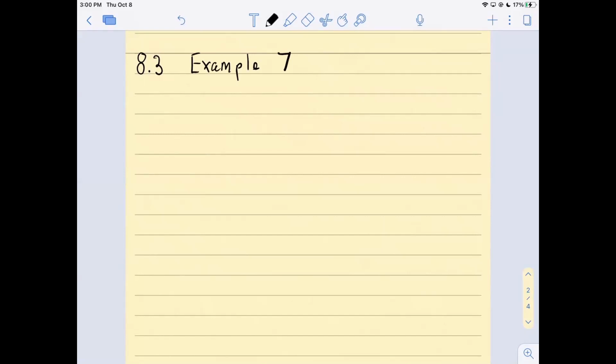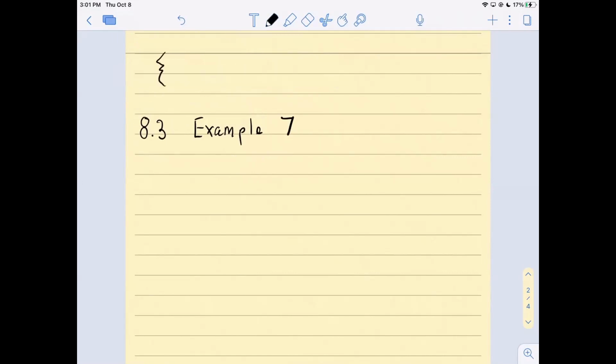I have a student here who asked about the set notation for 8.2 number 43. So let me take a look at that real quick. For 8.2 number 43, because they're the same line, it's just all the points that are on that line. A fancy way of writing that is to use set notation.